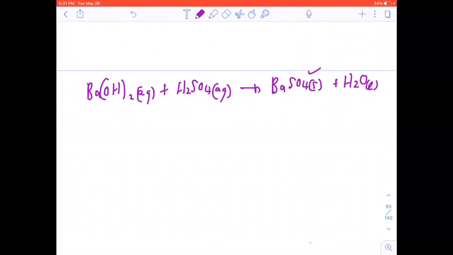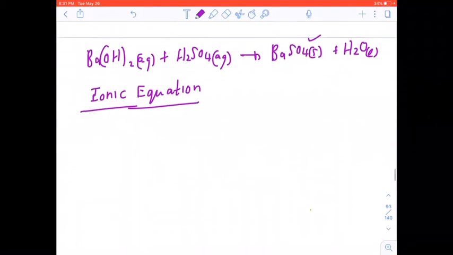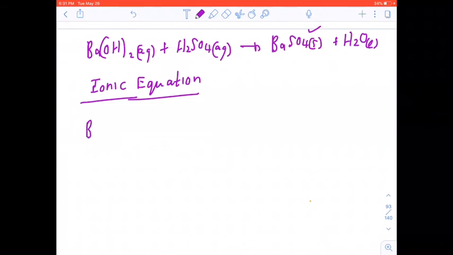Right, and if we look at this and we want the ionic equation for it, the first one is a molecular equation. So that would be Ba2 plus, okay, plus OH minus aqueous, and I showed you that if it's an acid, how we break it down.